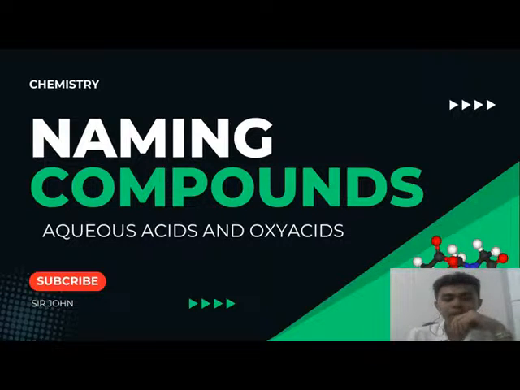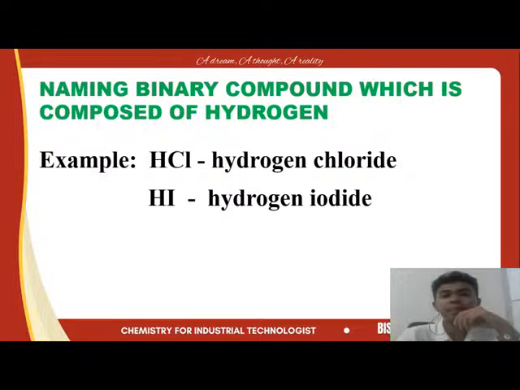Let's start with naming binary compounds which are composed of hydrogen. A binary compound which is composed of hydrogen and a more electronegative element is named just like the other binary compounds. We are done discussing this last week.